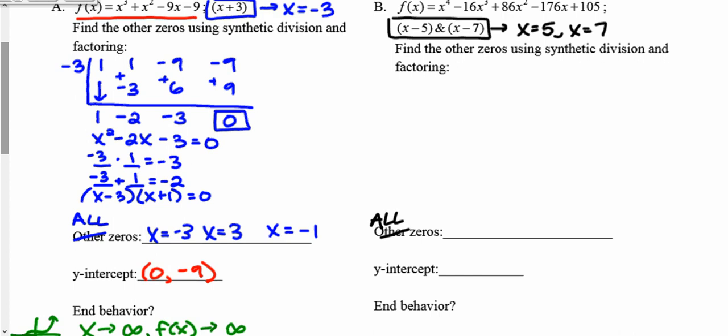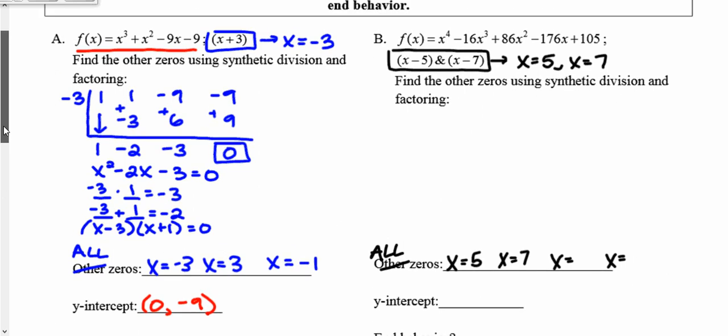You don't have to do that if you don't want to, but I find it to be helpful because this is a quartic, which means there are 4 zeros. And so we already know 2 of them. We know 5 and 7 because that was given in the problem. So now what we're going to do is find the other zeros using synthetic division and factoring.